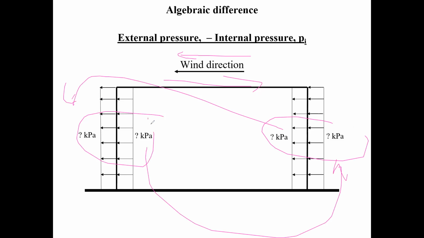If this gives me 1.5 and this gives me 1.2, why should I design for both? If I design for 1.5, the 1.2 is automatically going to be designed for. Yes, take the higher one into account. You just have to worry about which one is the highest, because if you design for the highest one, you don't have to worry about the lower one.